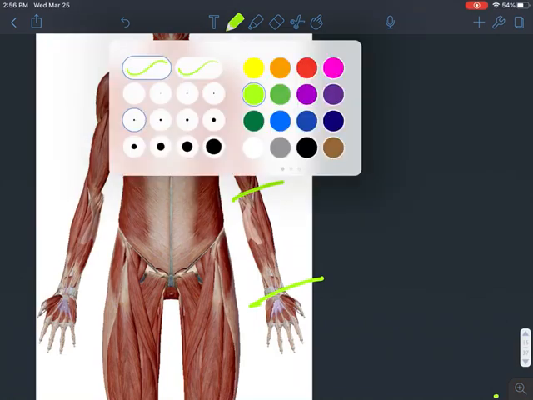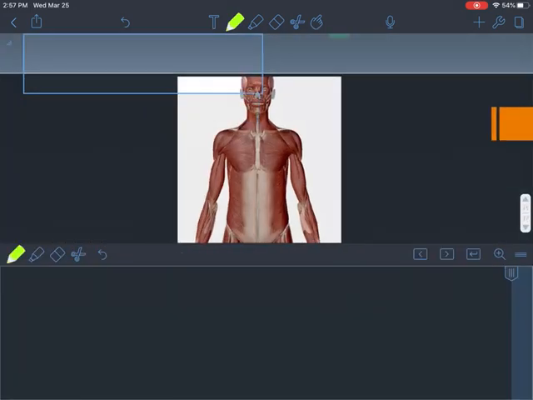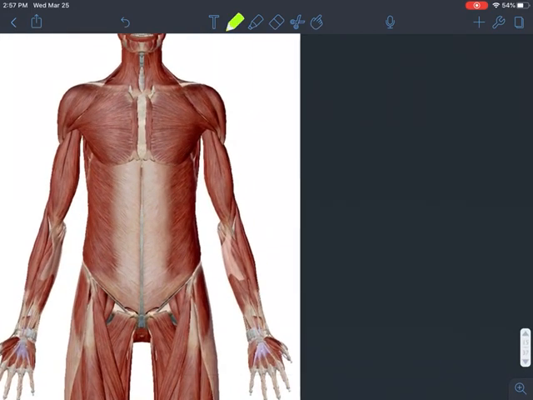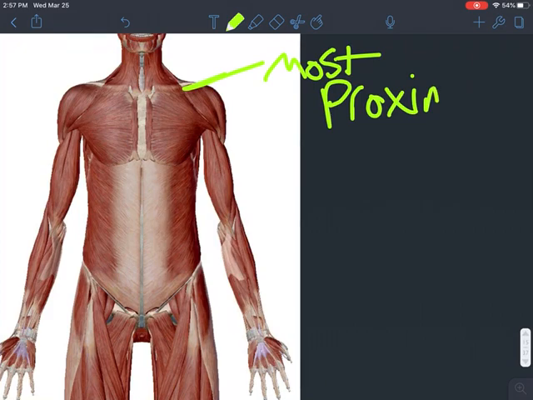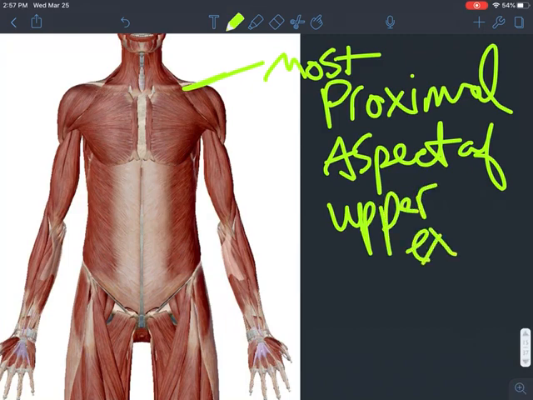So let's do this. The most proximal aspect of the upper extremity is up here, right? Most proximal aspect of upper extremity.